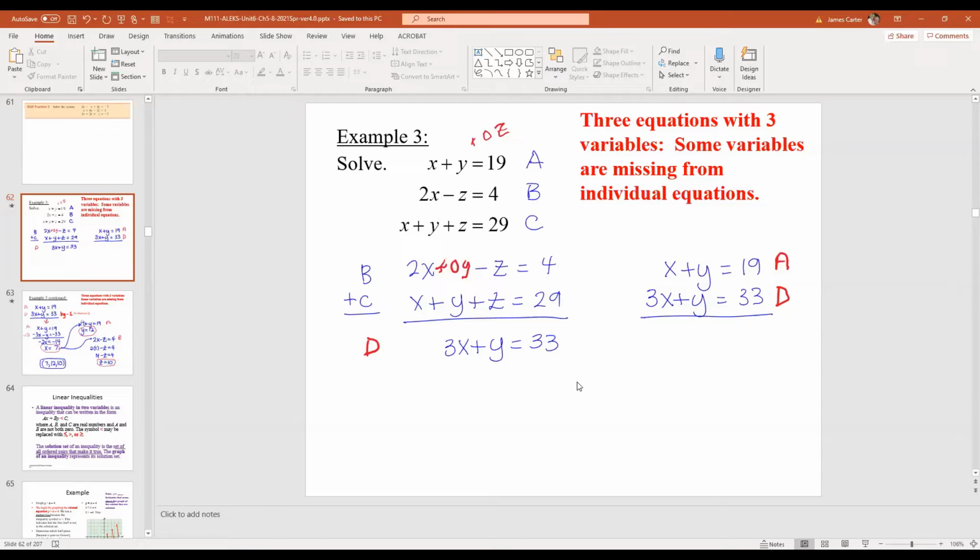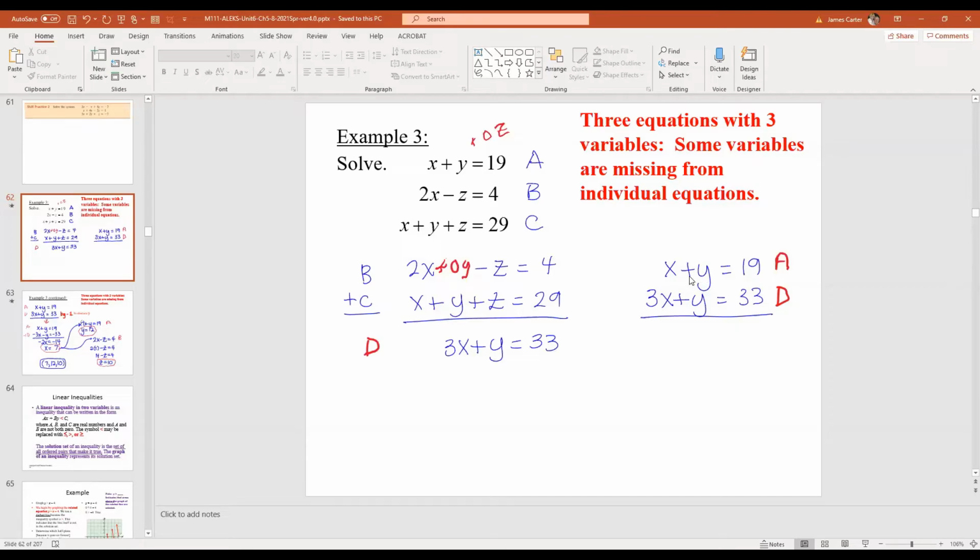Okay, so we'll go ahead and start on this. I chose equation B and equation C. Okay, I have an opposite pair for the z's. I combine those, I get 3x. I get 1y, the z's go away, I get 33. So I have two equations, two unknowns right here.